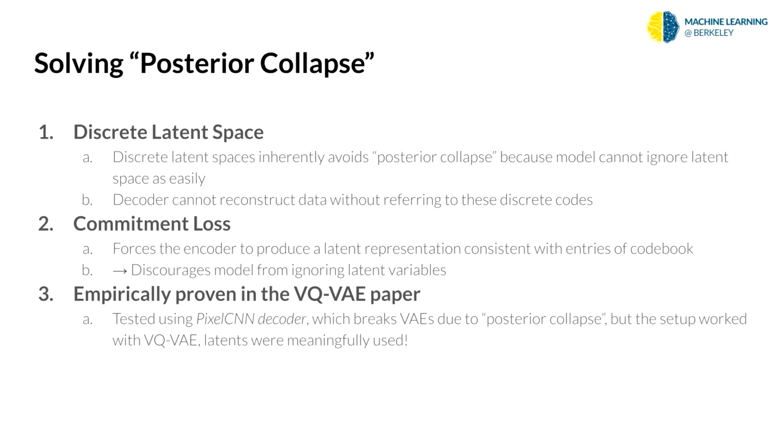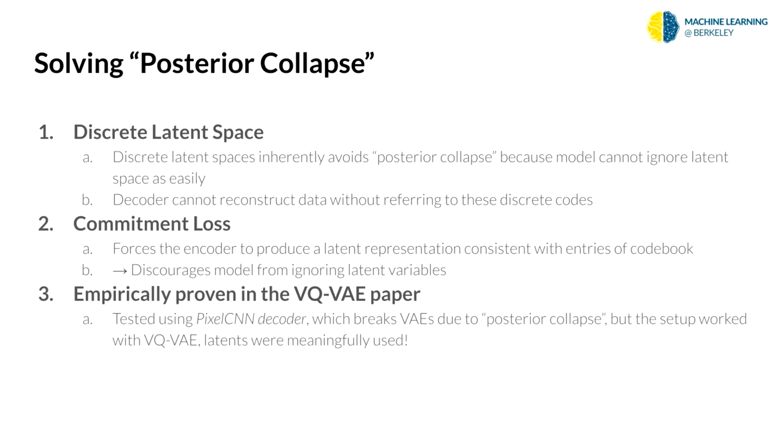Lastly, in the VQ-VAE paper, they used something called a PixelCNN decoder. This is a very complex decoder, referred to as an autoregressive decoder. It breaks VAE due to posterior collapse, but VQ-VAE works with it.